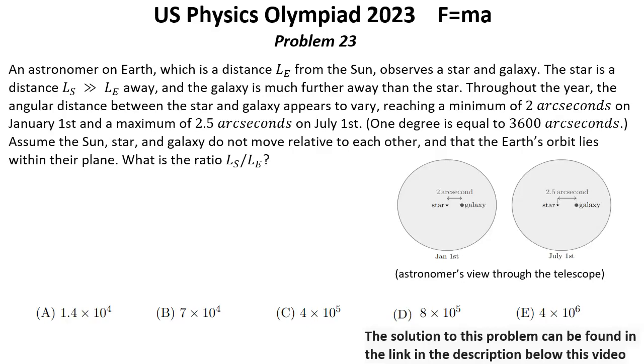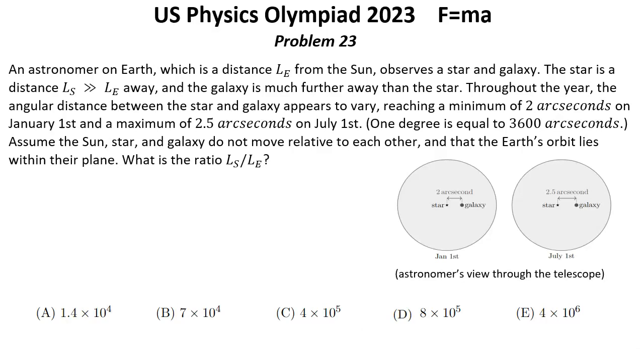Throughout the year, the angular distance between the star and the galaxy appears to vary, reaching a minimum of 2 arcseconds on January 1st and a maximum of 2.5 arcseconds on July 1st. 1 degree is equal to 3,600 arcseconds. Assume the Sun, star and galaxy do not move relative to each other, and that the Earth's orbit lies within their plane. What is the ratio Ls over Le?